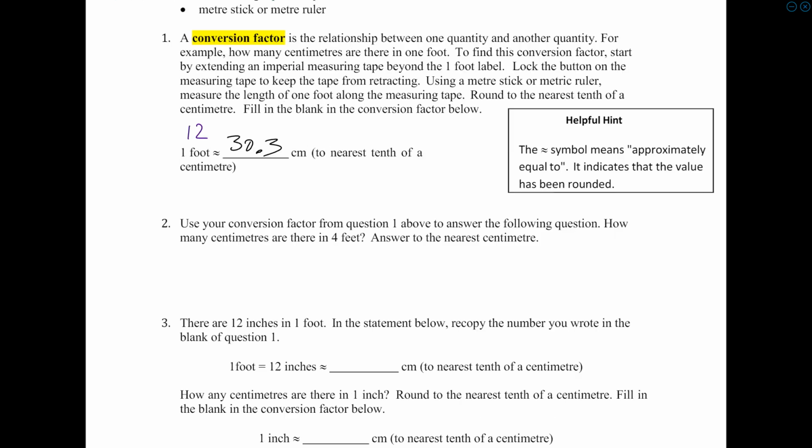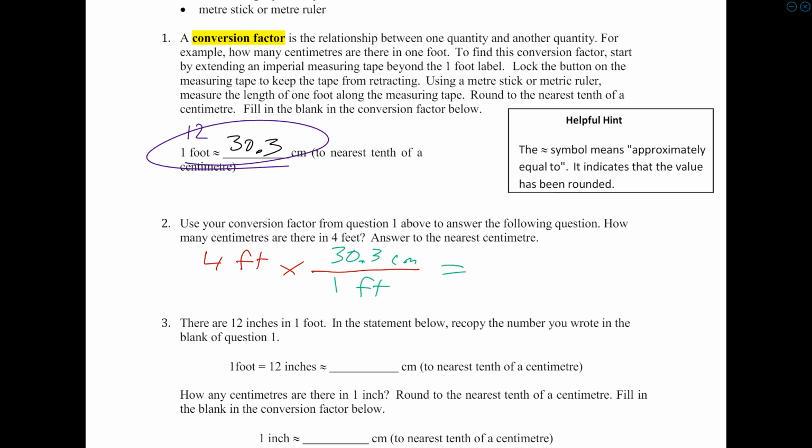Now, I've been a little inconsistent. I've kind of done 2 ways of converting. Sometimes we set up a proportion, something over something equals something over something, and we cross multiply and divide. What I've done more often in this unit, though, is the science kind of way, unit analysis. So I go, something like 4 feet times, we'd set up our conversion rate that we have here, 1 foot equals 30.3 centimeters.